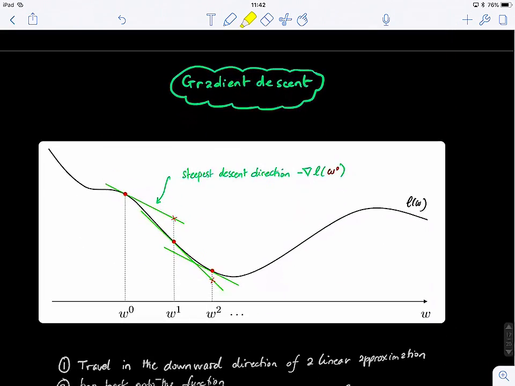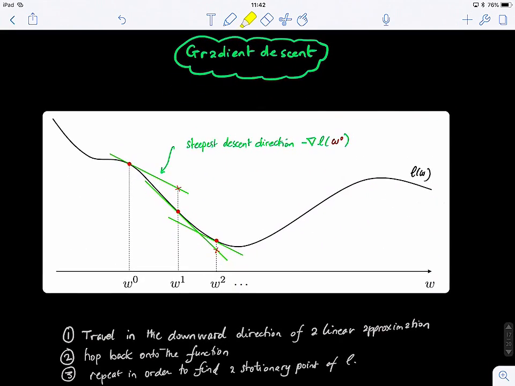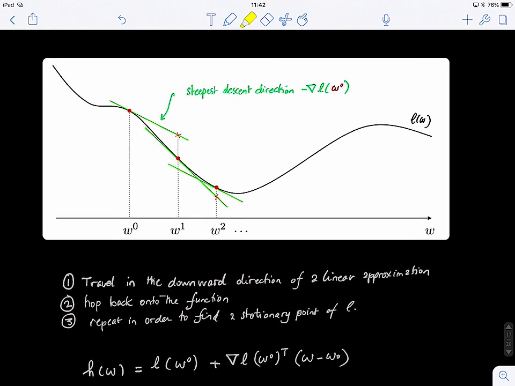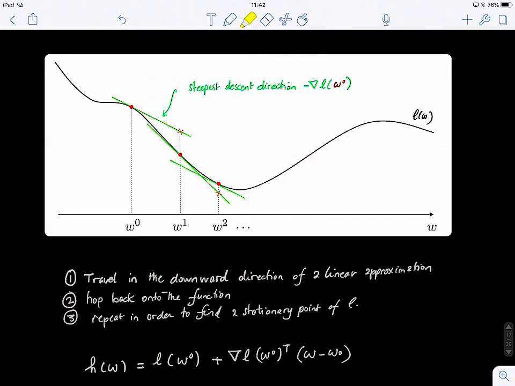Now, let's look at this. This is just a summary of what we call the gradient descent algorithm to optimize a loss function for our machine learning problem. We start first at an initial point, W0. We travel in the downward direction of a linear approximation, which we can hopefully compute, okay?